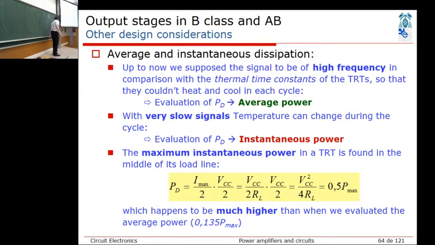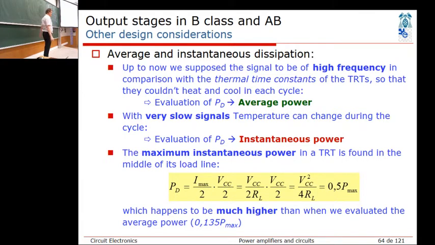And for AB class amplifier, the maximum instantaneous power in the transistor is found in the middle of its load line. Yes, that's what we found out. And then we have the P_D max on steady state, which happens at the maximum constant current, and that becomes half of the maximum on the load.